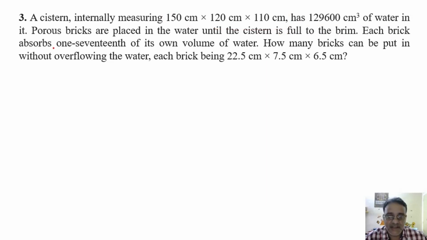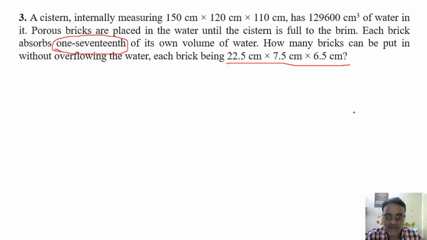Each brick absorbs 1/17 of its own volume of water. How many bricks can be put in without overflowing the water, each brick being 22.5 centimeter into 7.5 centimeter into 6.5 centimeter?